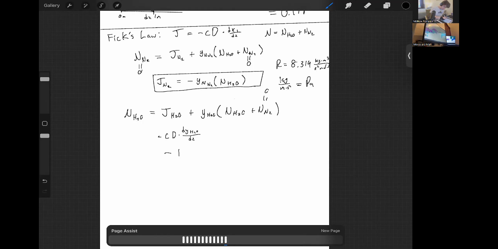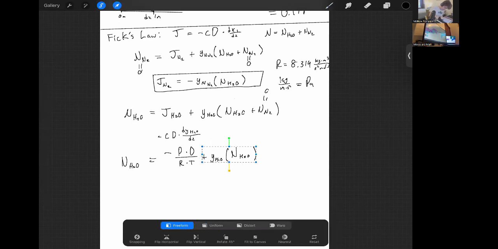This will be the pressure of our system multiplied by diffusivity, multiplied by our gas constant, multiplied by our temperature. And then this will be plus the molar fraction of H2O times the net molar flux of H2O equals H2O.